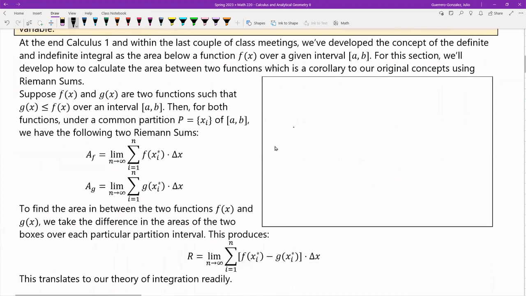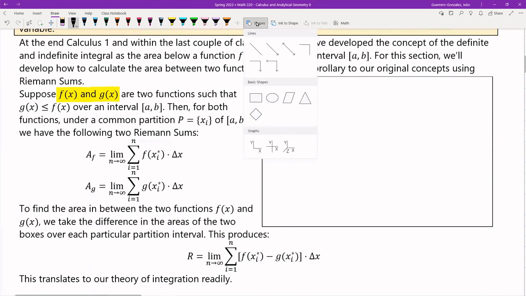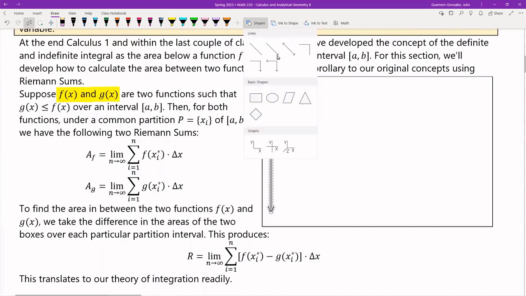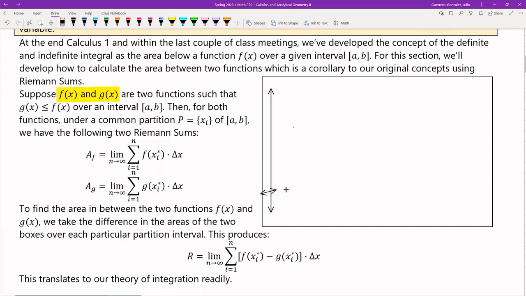Suppose we have two functions, an f of x and a g of x, where f of x is bigger than g of x. So I'm going to slap down an x and a y axis here. I'll grab that one, move it over a little bit.